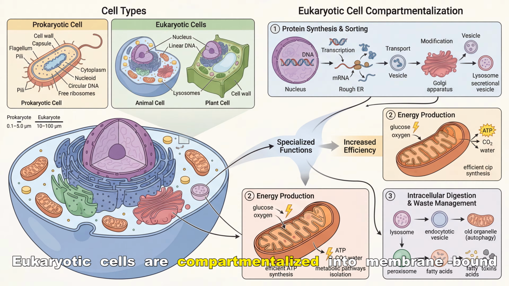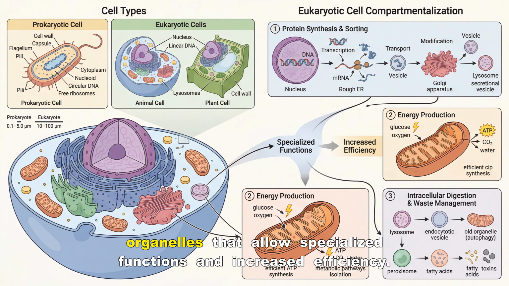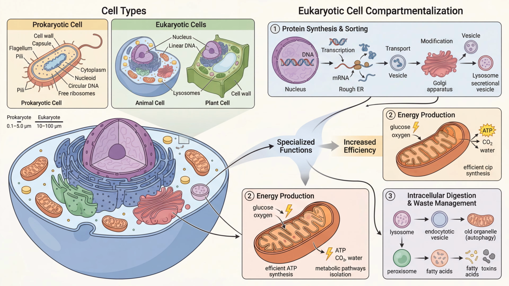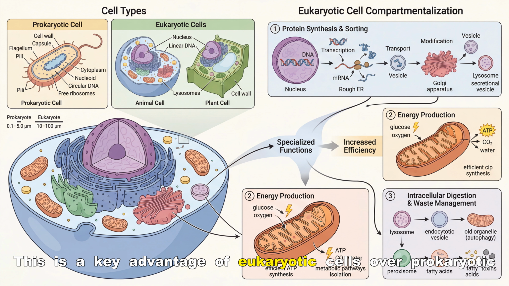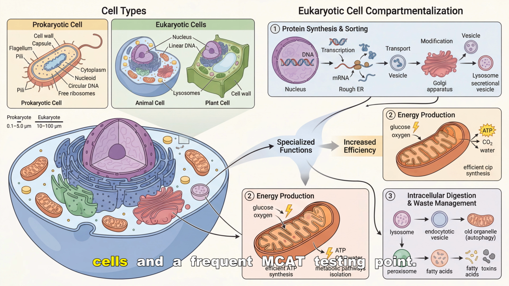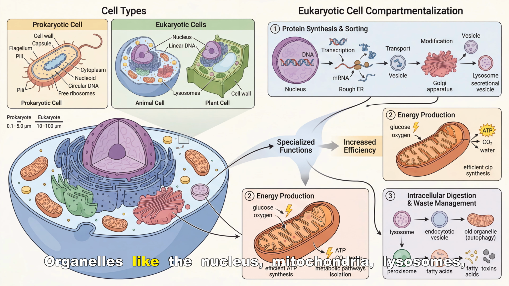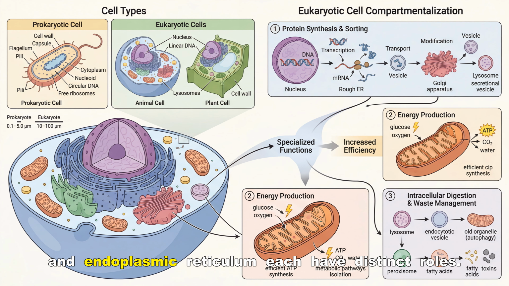Eukaryotic cells are compartmentalized into membrane-bound organelles that allow specialized functions and increased efficiency. This is a key advantage of eukaryotic cells over prokaryotic cells, and a frequent MCAT testing point. Organelles like the nucleus, mitochondria, lysosomes, and endoplasmic reticulum each have distinct roles.